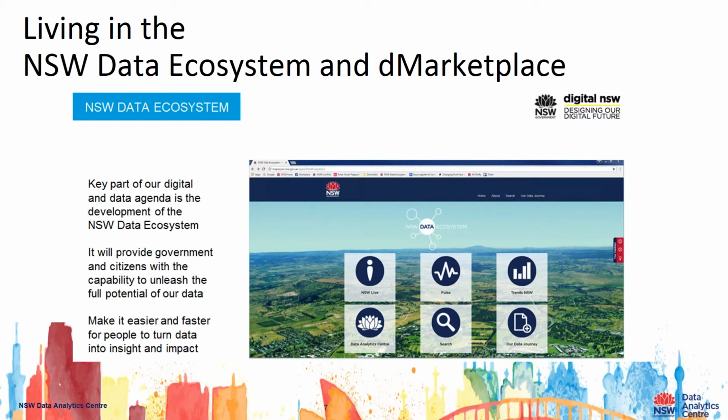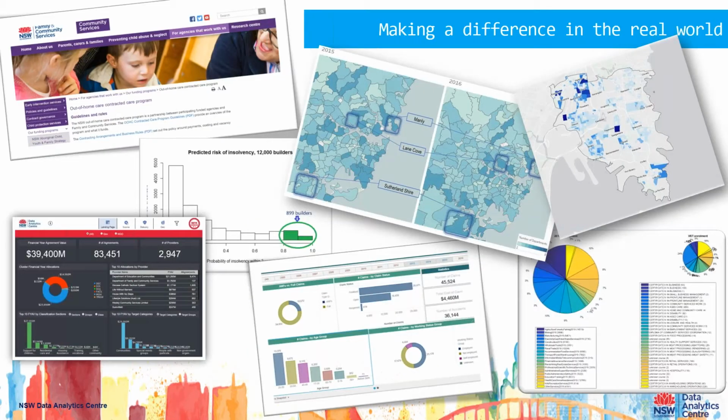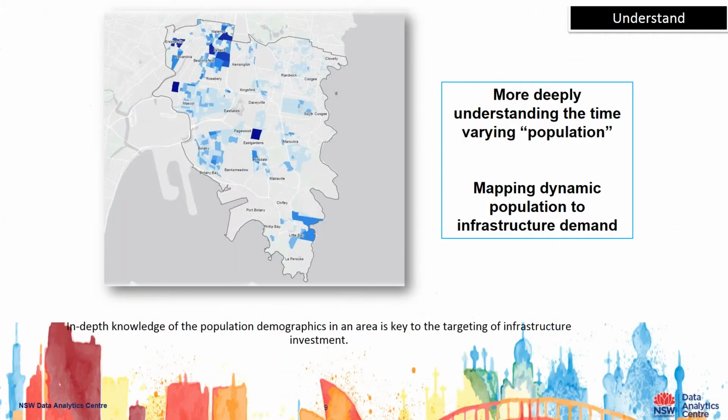Now, I mentioned we've worked on a very wide range of projects. I'm going to very quickly talk about a couple of them and then spend a little bit more time talking about out-of-home care. One of these problems we're looking at was the challenge of understanding the population. Infrastructure is built in all parts of the world based on a relatively simplistic understanding of the population.